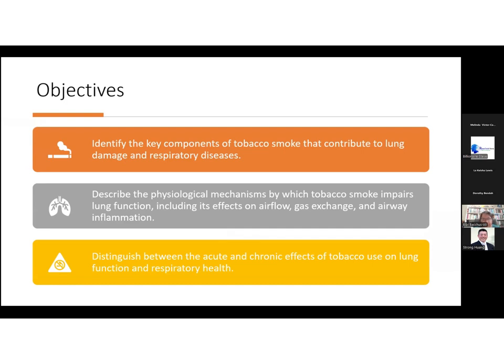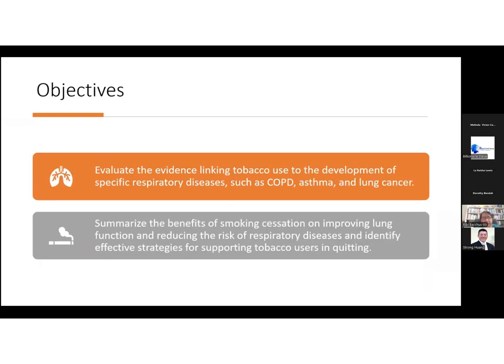To distinguish between the acute and chronic effects of tobacco use on lung function and respiratory health, to evaluate the evidence linking tobacco use to the development of specific respiratory diseases, specifically asthma, COPD, and lung cancer, and to summarize the benefits of smoking cessation on improving lung functions and reducing the risk of respiratory diseases, and identify effective strategies for supporting tobacco users in quitting.